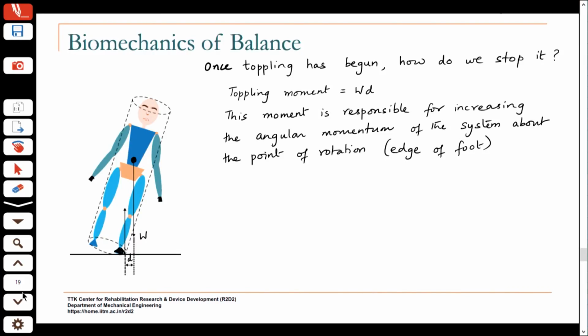So, we need some way of opposing this external moment in order to recover balance. In the absence of any external help, I could hold on to something, so if somebody pushes me and I am near a wall, I could just push on the wall and that can help me straighten myself. I do not have that luxury.